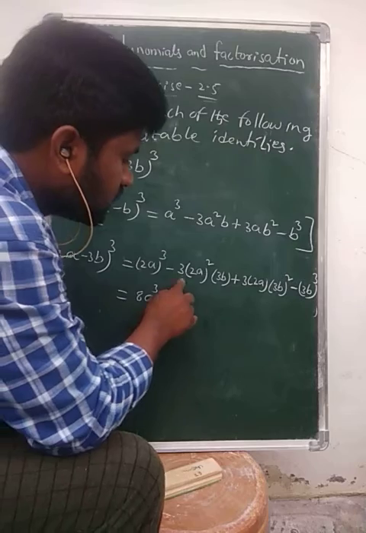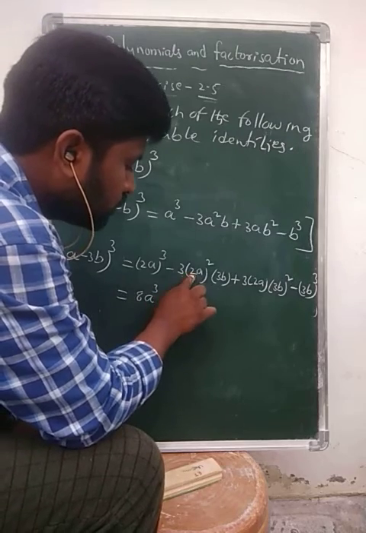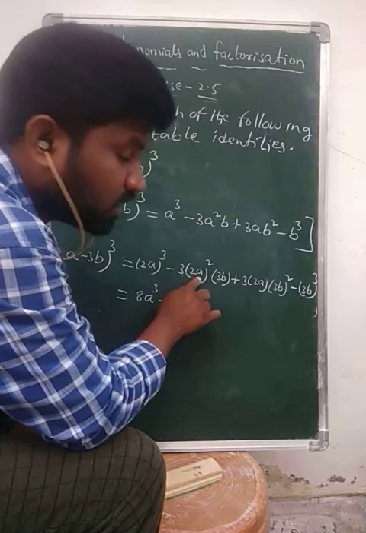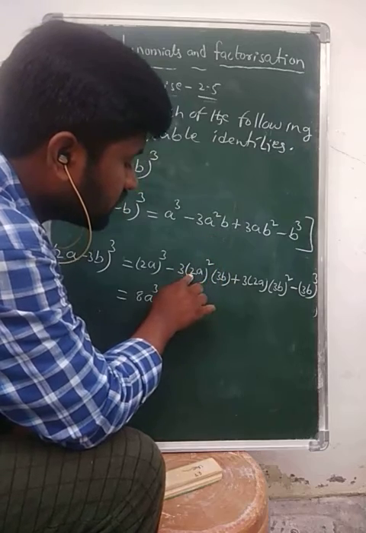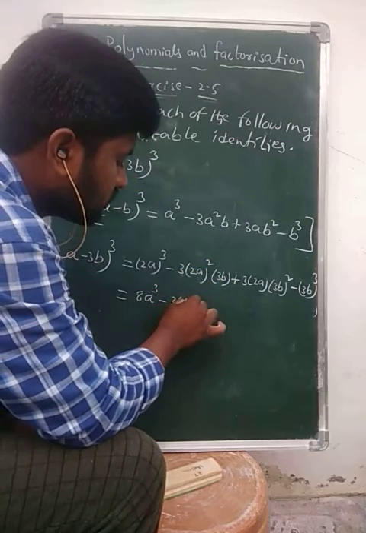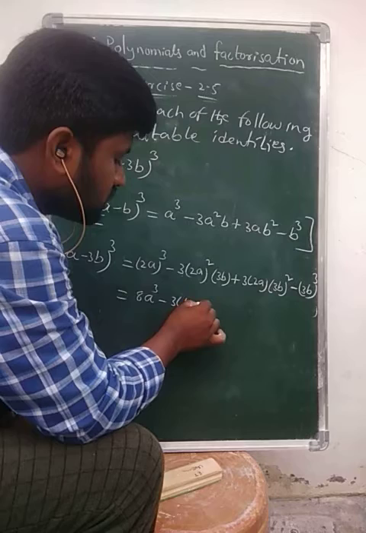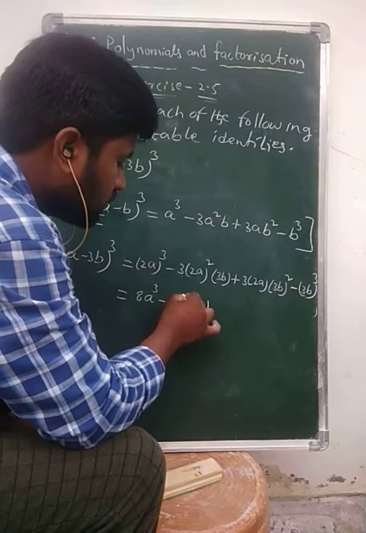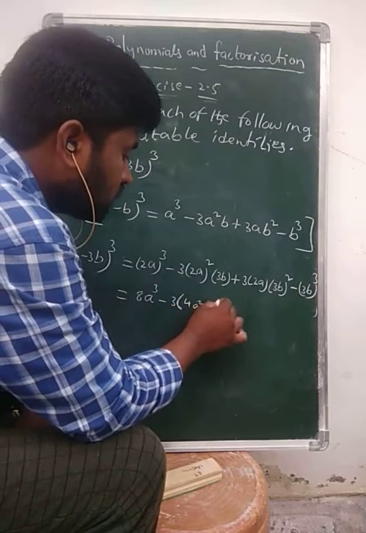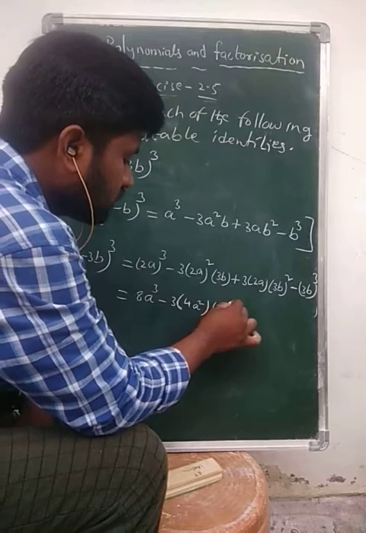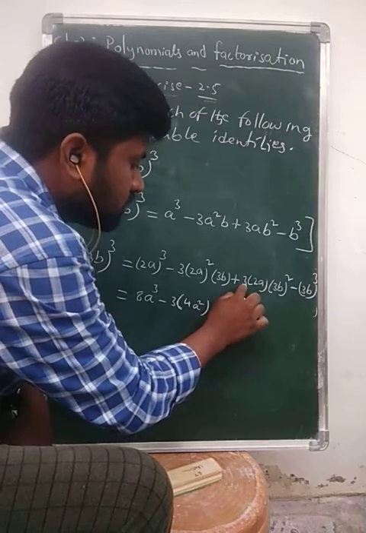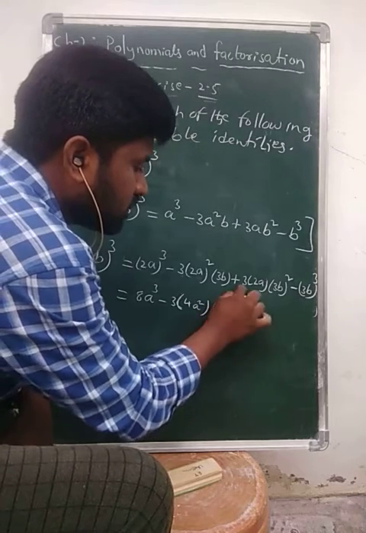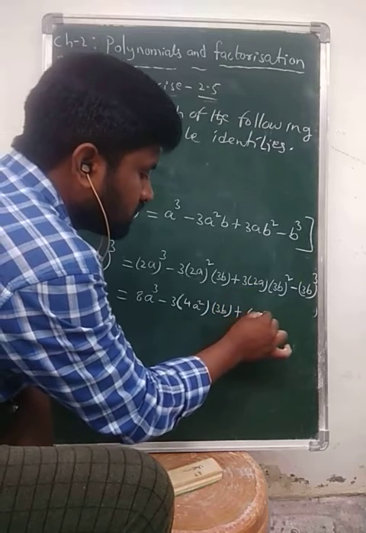Minus, see here 3 into (2a) whole square, 2 square means 4, a whole square means a square, into 3b is there, plus 3 2s are 6, 3 2s are 6 into a that is 6a.